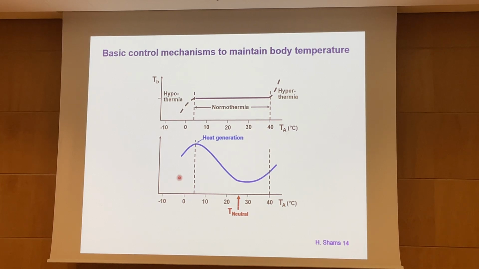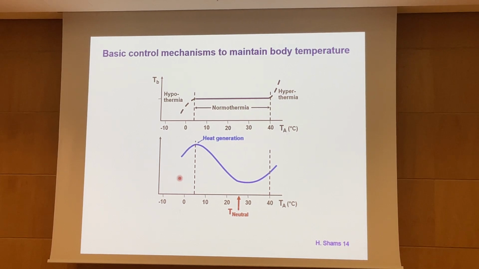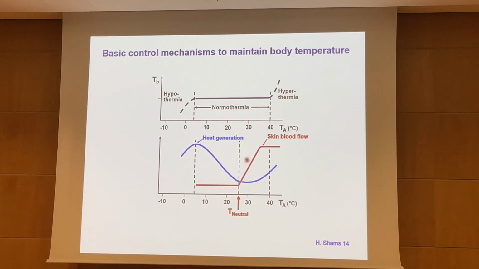And if it is not possible to reduce heat production, what do you do to dissipate more heat? You increase the mechanisms for heat dissipation. That was blood flow to the skin and sweating. And see what happens with the blood flow. From this temperature, the blood flow increases to increase the heat dissipation.